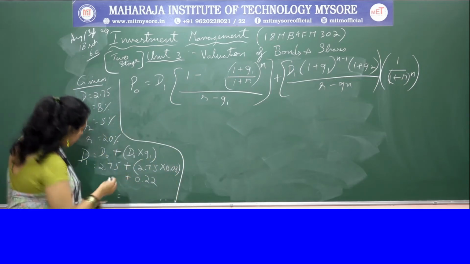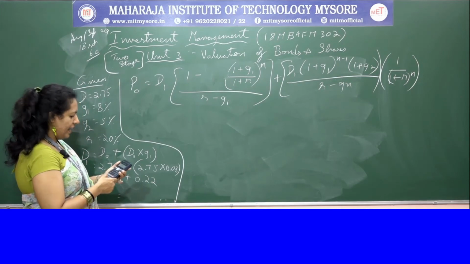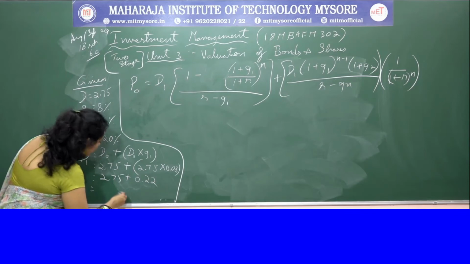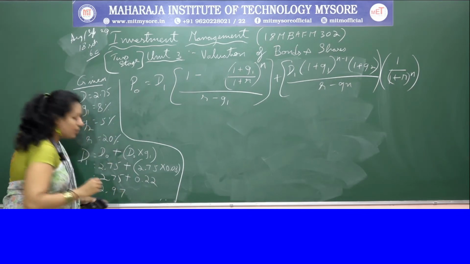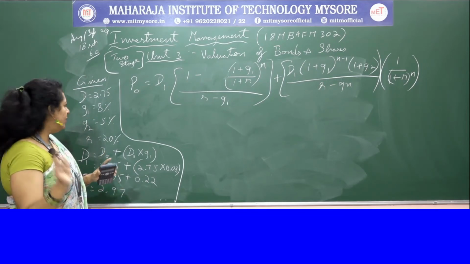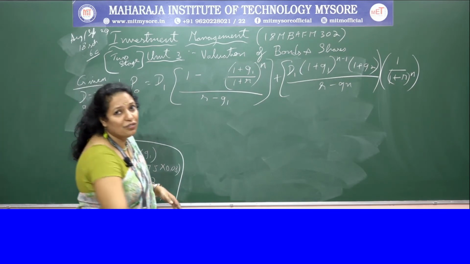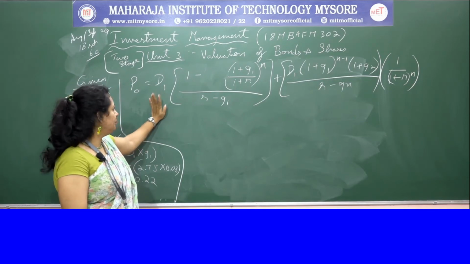Okay, 0.22 plus 2.75, you get 2.97. So here you can understand the D1 value is 2.97. Here there is not much twist. You need to learn this formula. That's it. So I'll explain this formula for you all.